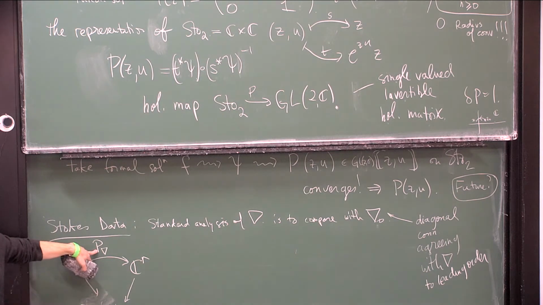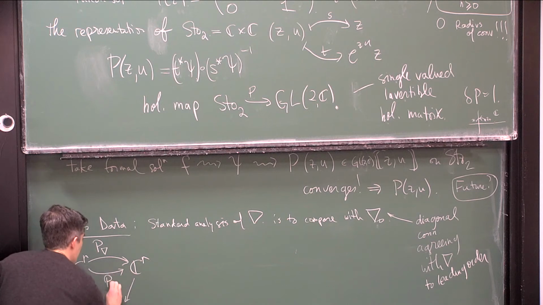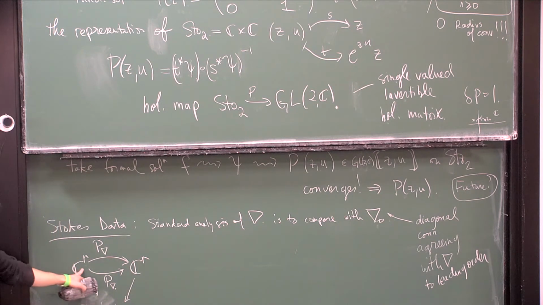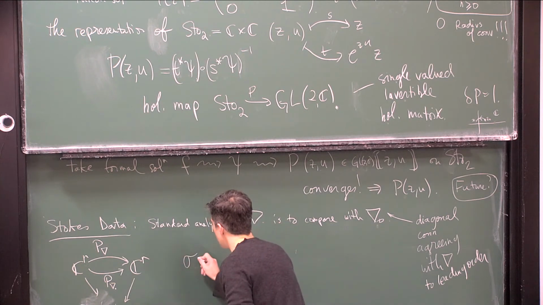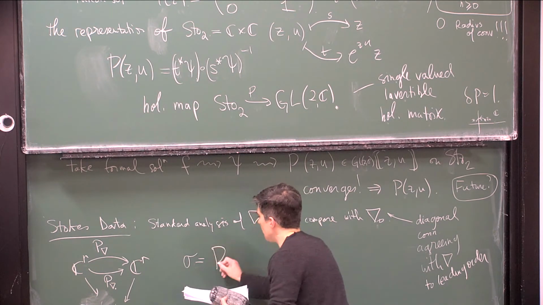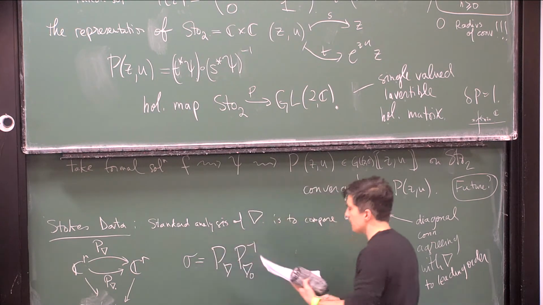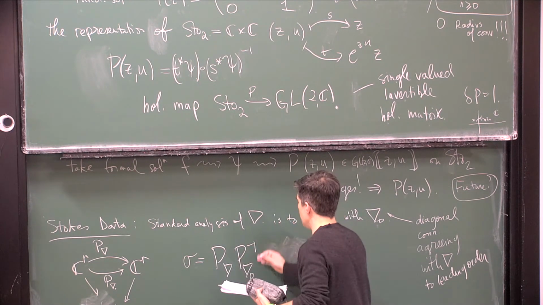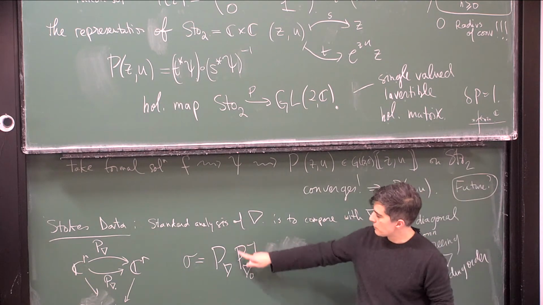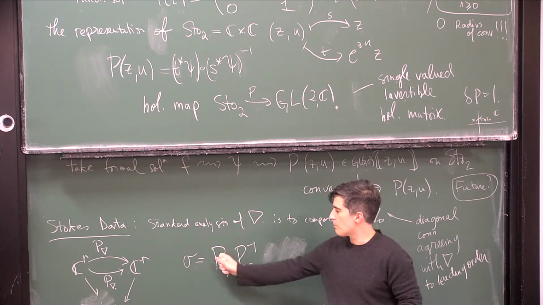But now I have a nabla knot. I have another, simpler representation, P nabla knot. So now I have two representations of the same groupoid, because they have the same leading order behavior. And this means that I can produce sigma, which will be the ratio between these: P nabla times P nabla knot inverse. So I take the matrix that the simpler representation provides, inverted, and take the product with this.